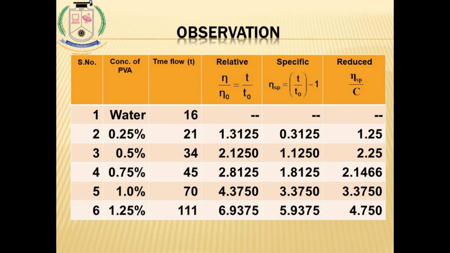Dividing this column by 0.25, 0.5, 0.75, 1.0, and 1.25 respectively, we get 1.25, 2.25, 2.1466, 3.3750 and 4.7500. These are the reduced viscosities.